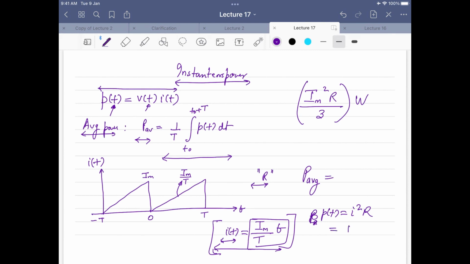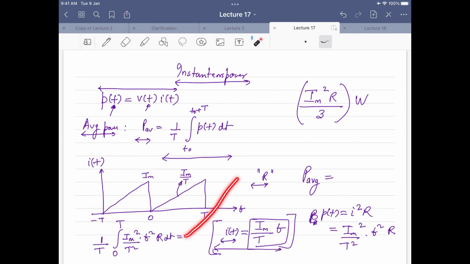That is Im square by T square times small t square times R. This is the instantaneous power, and then you have to calculate the average power over the single time interval T. So you just integrate from 0 to T, and then you go for this integration, and what you get is the answer, this one.